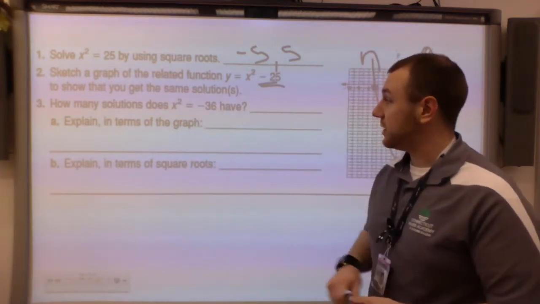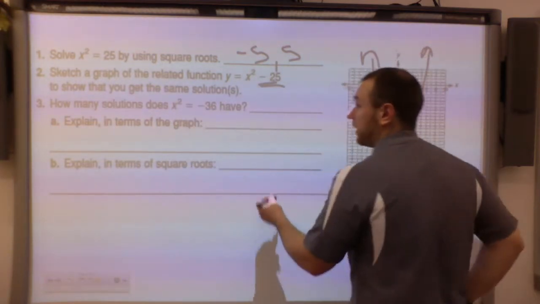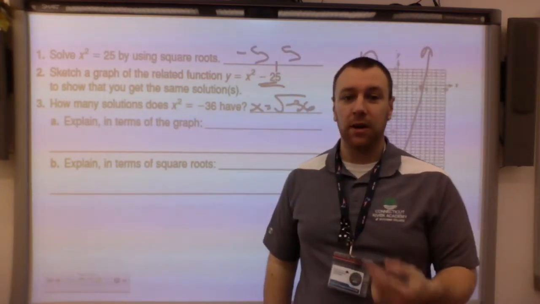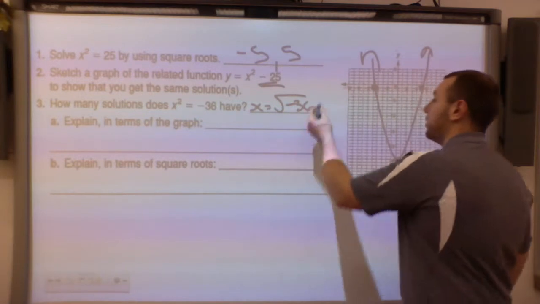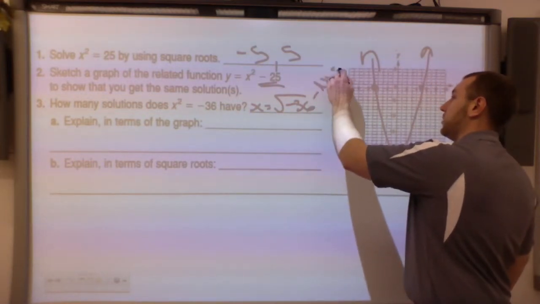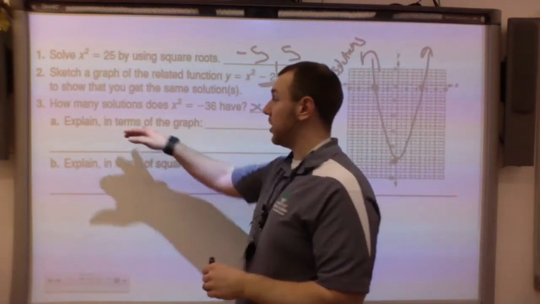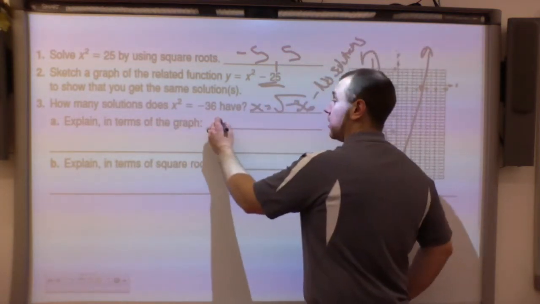How many solutions does this x squared equals negative 36? Well, x would be the square root of negative 36. And you can't find the square root of a negative. So that is no solutions. So this means that it won't cross the x-axis.